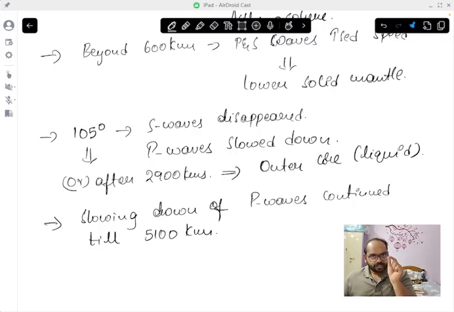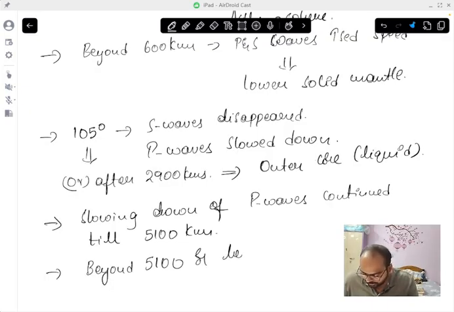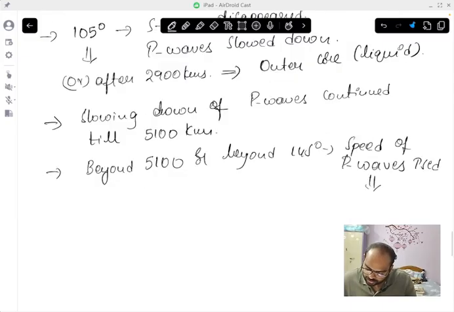At 5100, the speed of the P waves increased rapidly, indicating that beyond 5100 kilometers, or beyond 145 degrees, the speed of P waves increased, indicating a solid inner core.